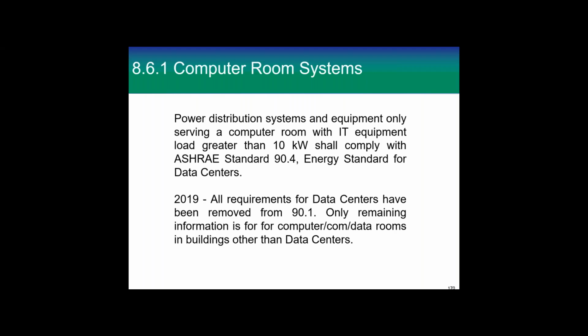We keep everything under 10 kW so that if you've got just a normal kitchen closet or a few servers in a room, you don't have to go over and look at 90.4, you can stay with our code. All requirements for data centers have been removed in 2019. Only remaining information is for computer comm data rooms and other in buildings other than data centers. That's what I meant by our communication rooms, etc. That's still under us.